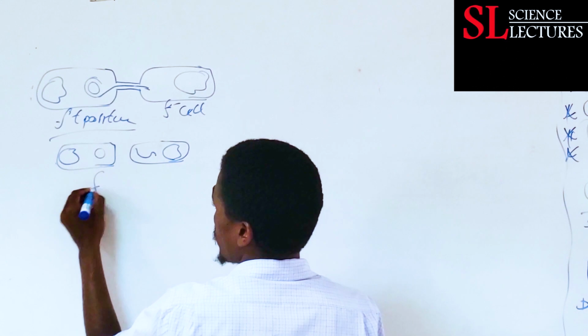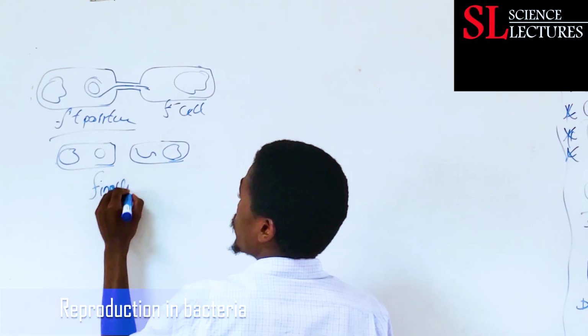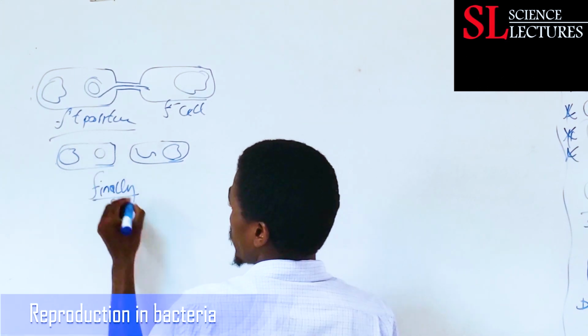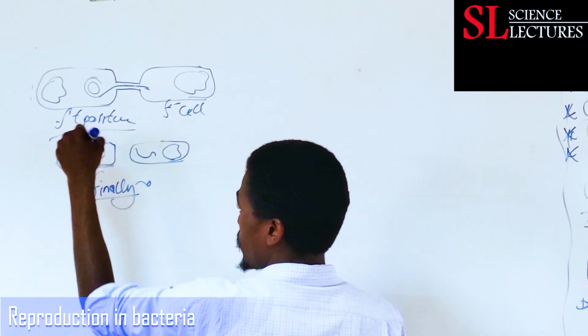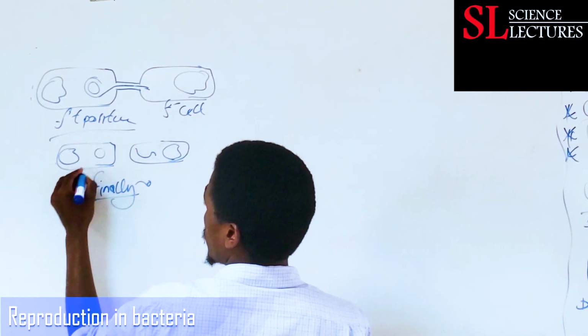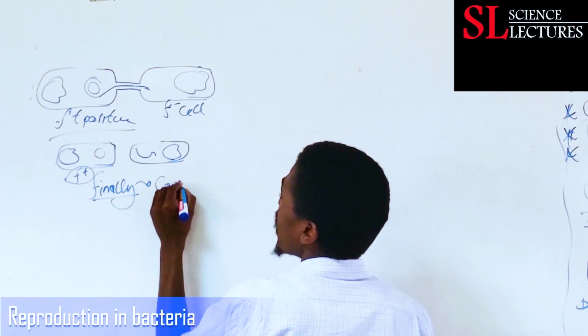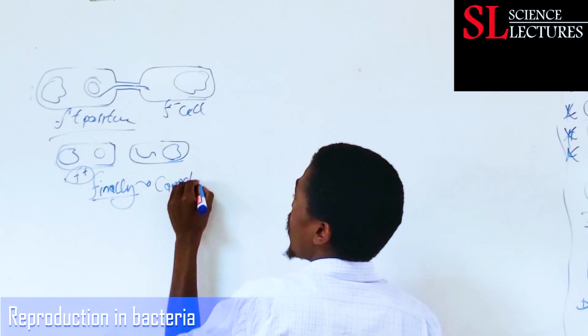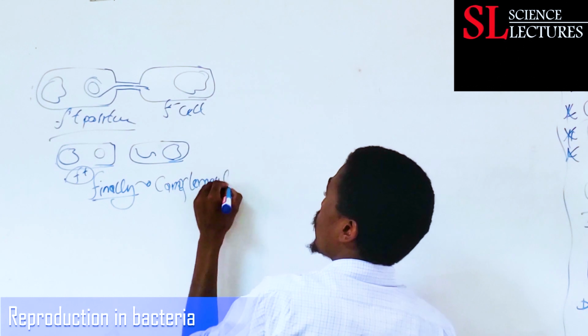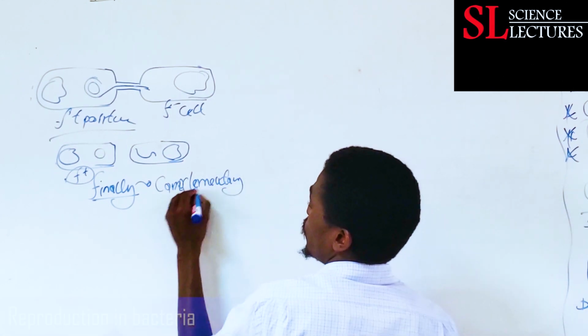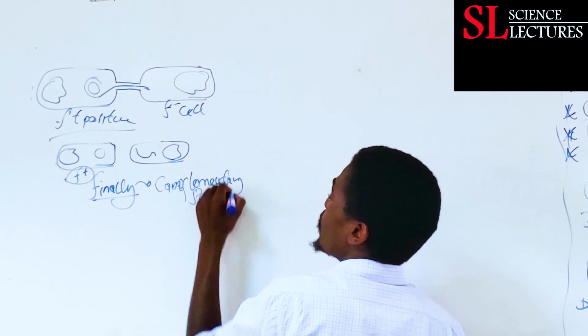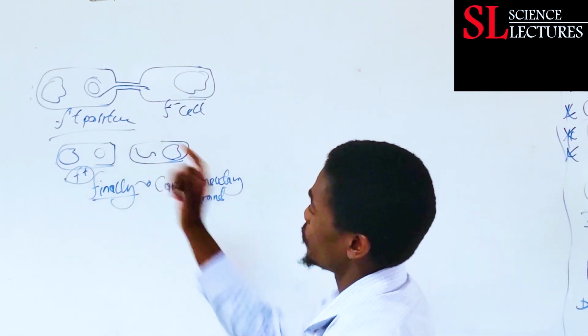So finally, the F positive cell will use the remaining strand to form a complementary strand to recover its plasmid with two strands.